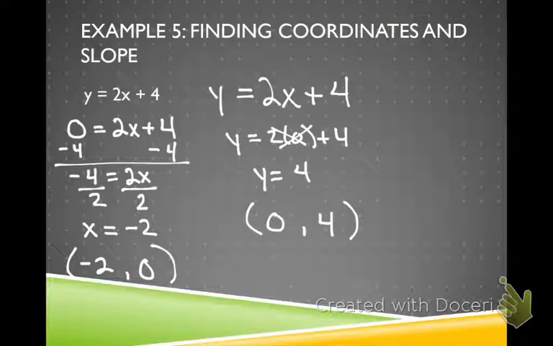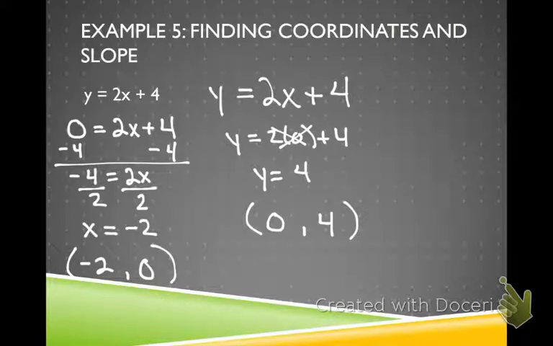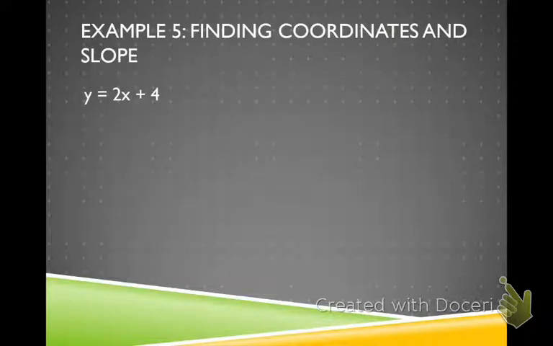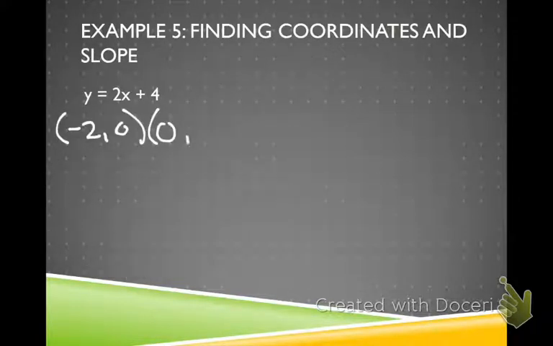All right, so now I have the two ordered pairs that I need to find my slope. Negative 2, 0, and 0, 4. So I'm going to come over here to my next slide. Okay, and I've got negative 2, 0, and 0, 4.